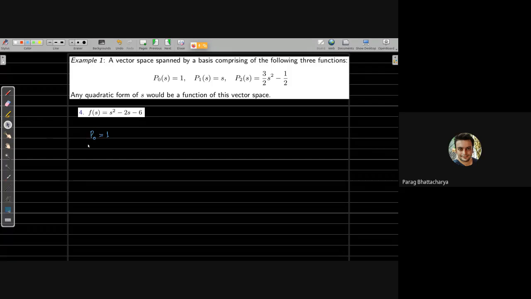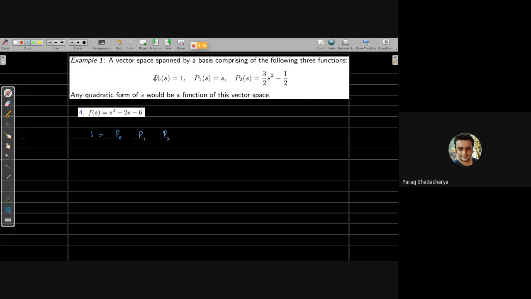Let me move them around a little bit. So 1 is equal to p0, and we can bring in p1 as well as p2.